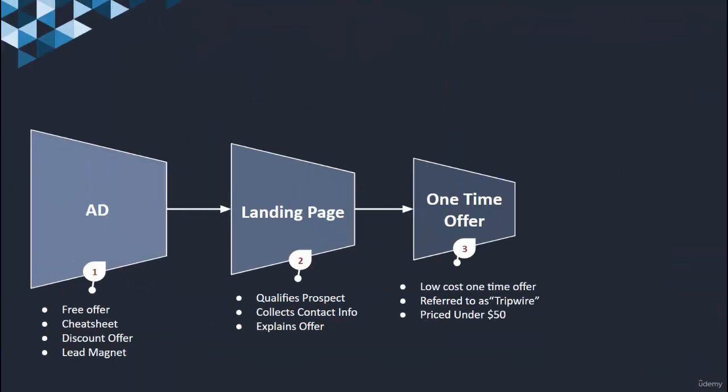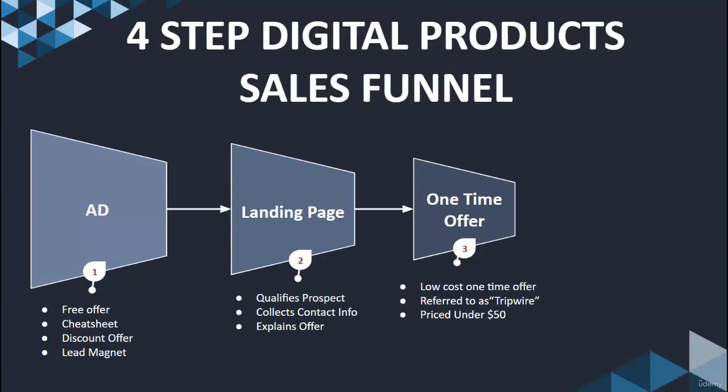And then the next stage is where they're taken to a one-time offer. Now, this is a very low-cost offer, under $50, typically $17, $27, something along those lines, where it's kind of like a no-brainer, right? You're not asking them to take out $100 or whatever.